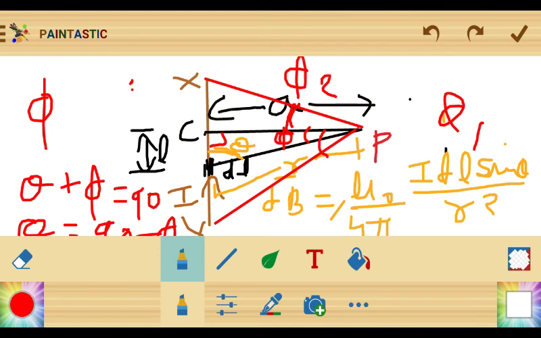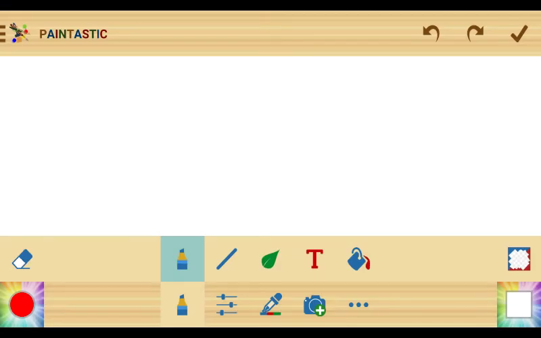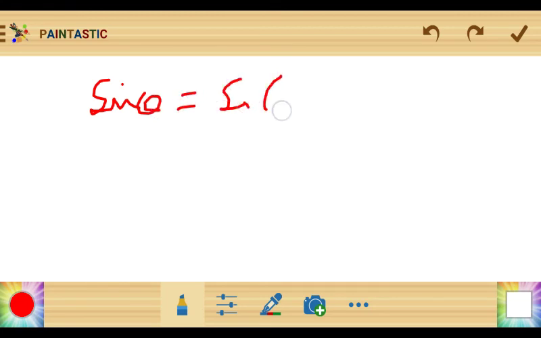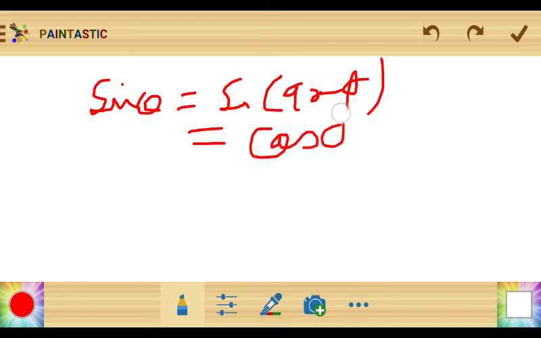Now I'll put these values in dB. Sine theta is a term in this formula, so we can write sine of 90 minus phi, and this turns into cos phi.